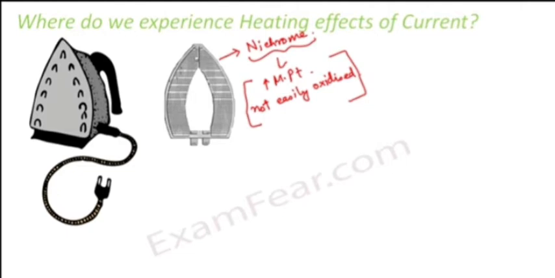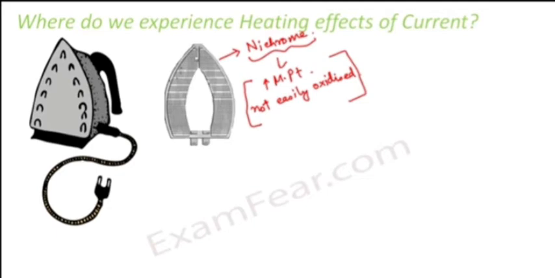Now inside the iron, a structure like this is present, which is made up of nichrome. Nichrome is a mixture of two metals, one nickel, another one chromium. So nichrome has a high melting point and it does not get oxidized easily.